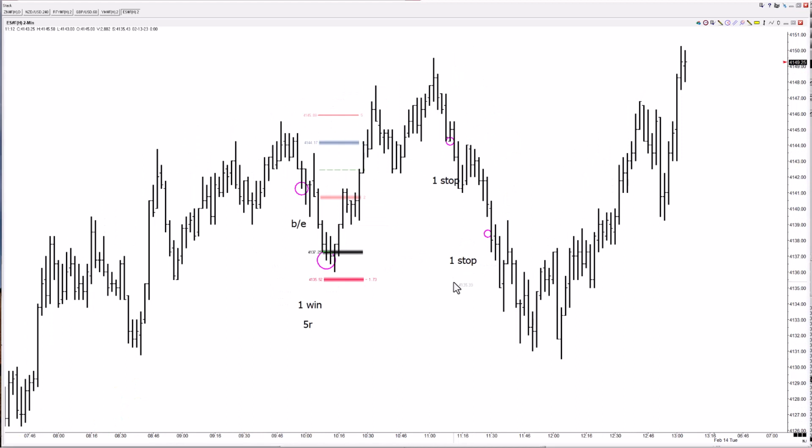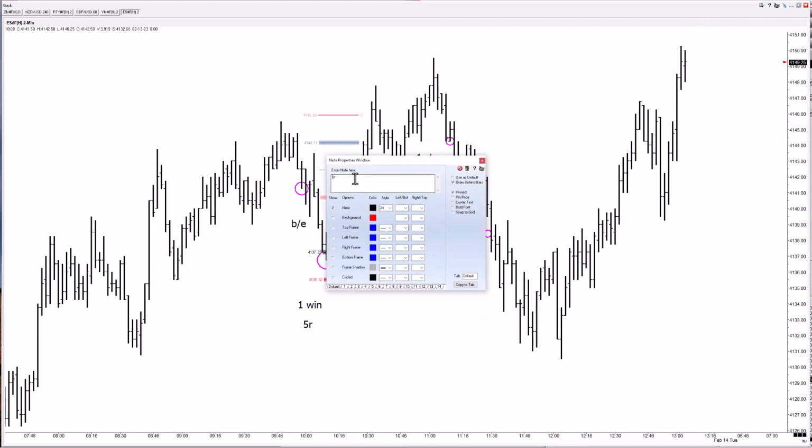So one stop is going to equal 1R. So in this case, I've got 2 stops. Okay? So we're going to come and say 5R minus 2R equals 3R.